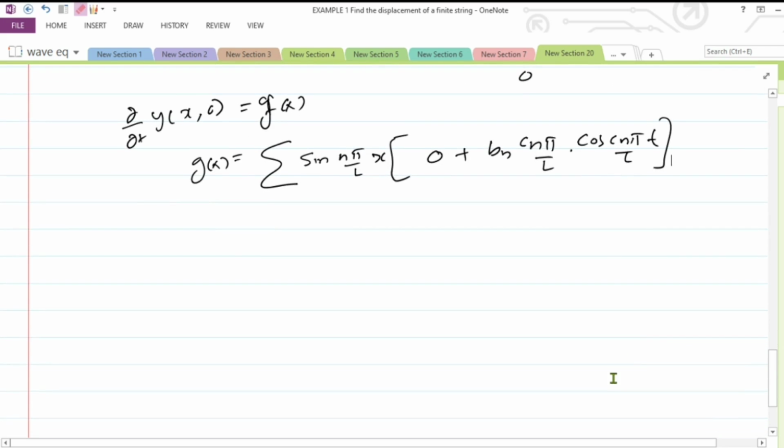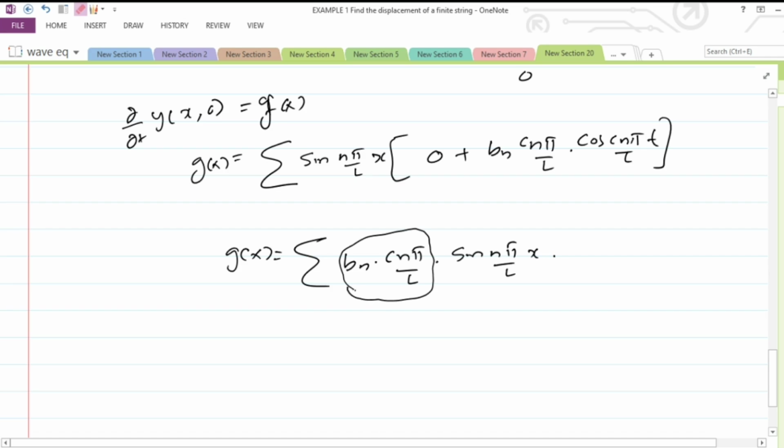So what we get is g of x equal to sigma bn into cn pi by l into sine n pi by l x. So this is clearly again a sine series. The only thing we have to focus on is the coefficient.